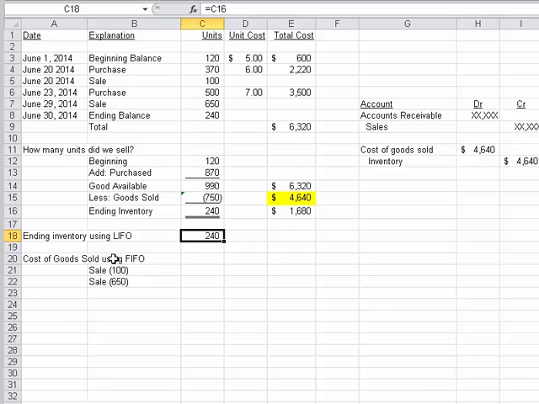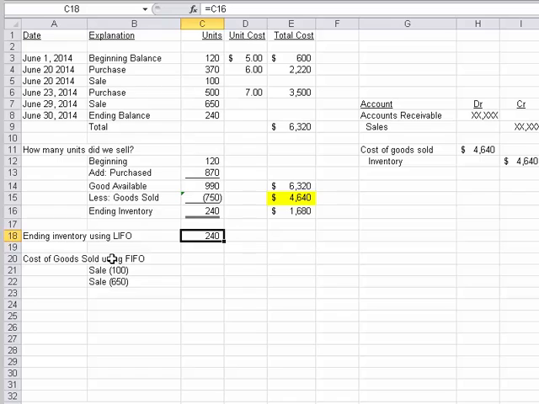You can think of LIFO as a barrel of widgets that we throw into a bucket, and then every time we sell one, we pull it from the top. So the ones that we started with are at the bottom; they never get used.